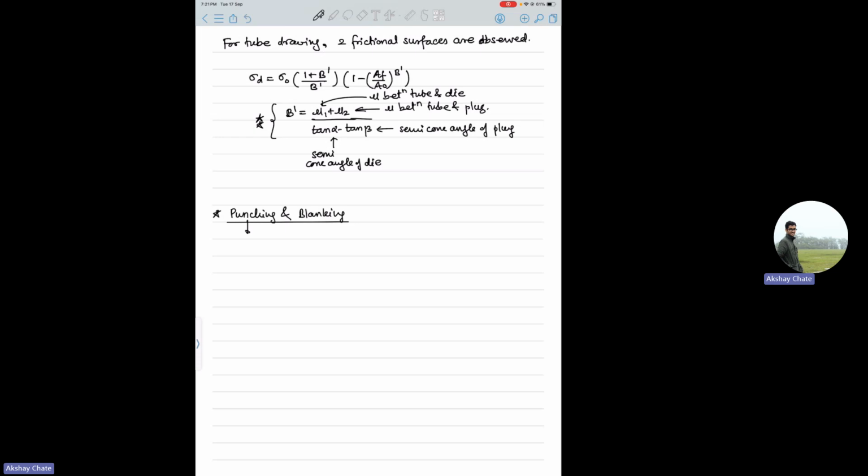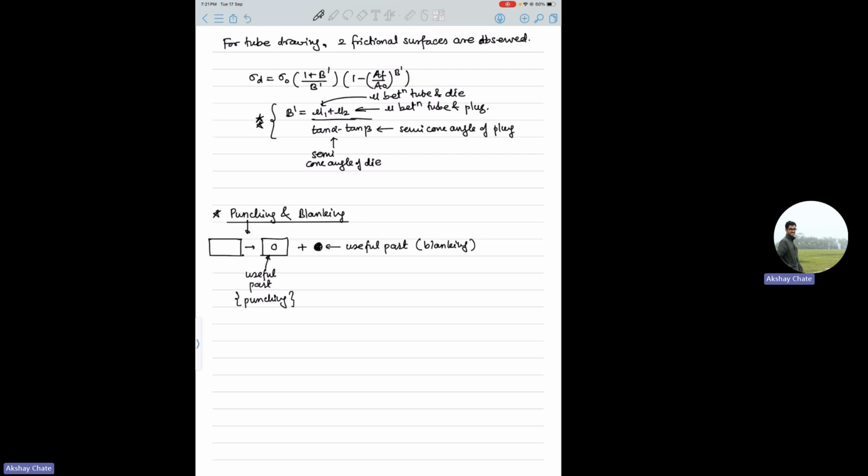It's just that if you have a sheet like this and you punch, let's say, a hole in it, and this sheet is the useful part, then it is called punching. But if the hole that you make out of this is the useful part, then it is called blanking. That is the difference. Nothing major definition wise.